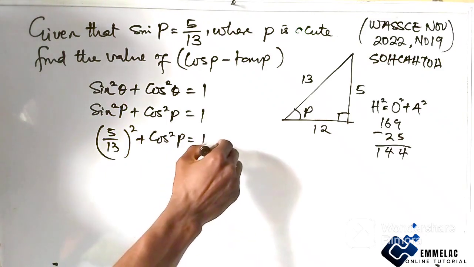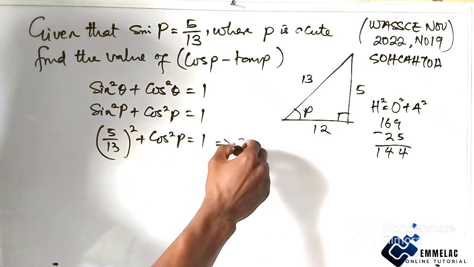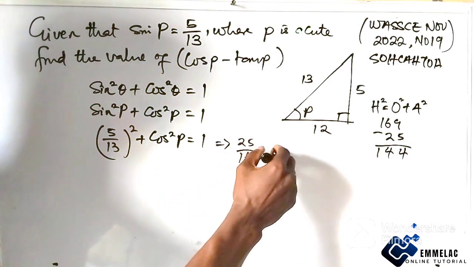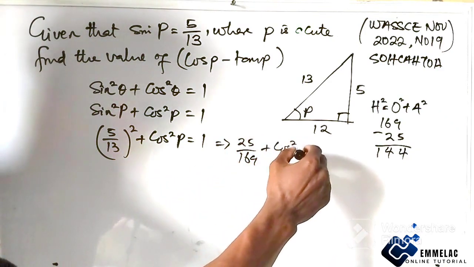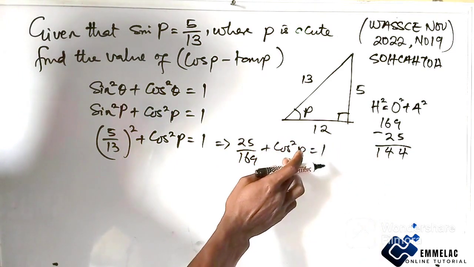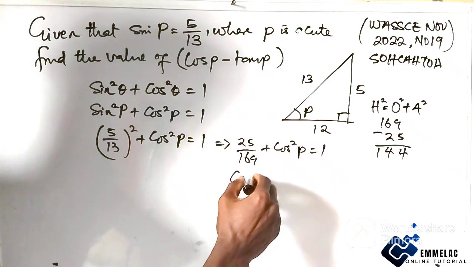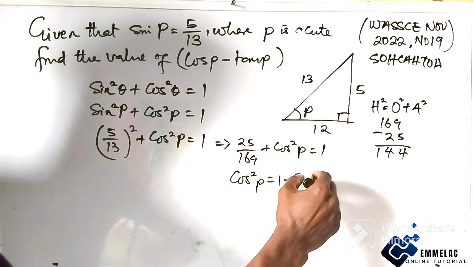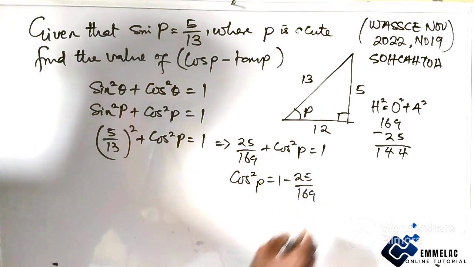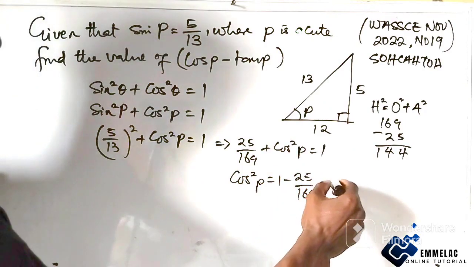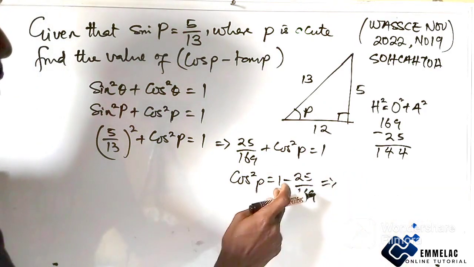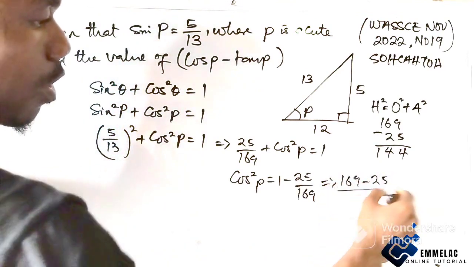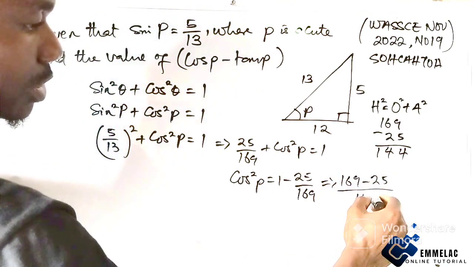This gives us 25 over 169, that's 13 times 13, plus cos squared p equals 1. Making cos squared p the subject, we have cos squared p equals 1 minus 25 over 169.